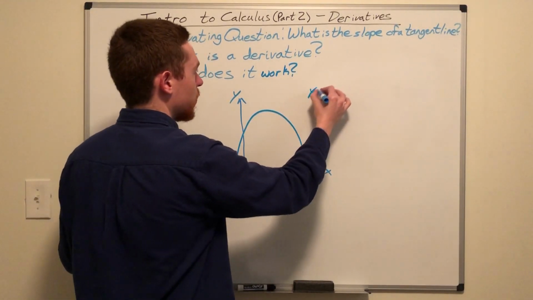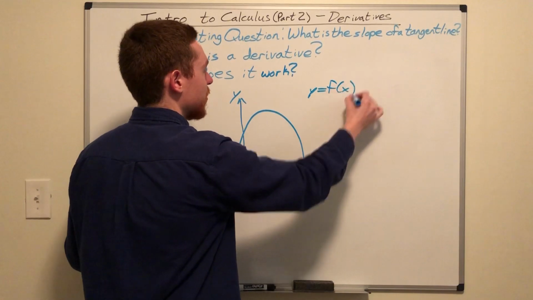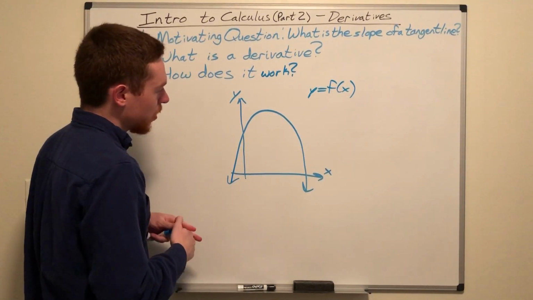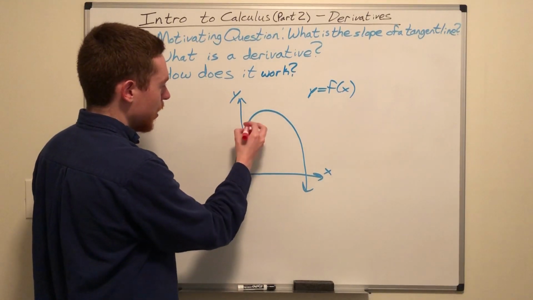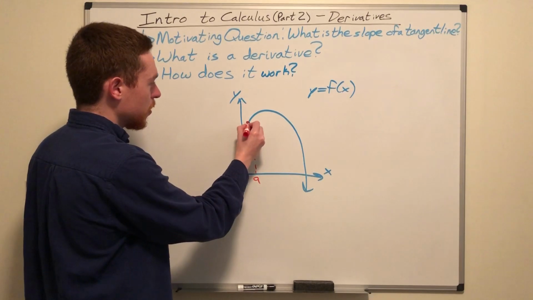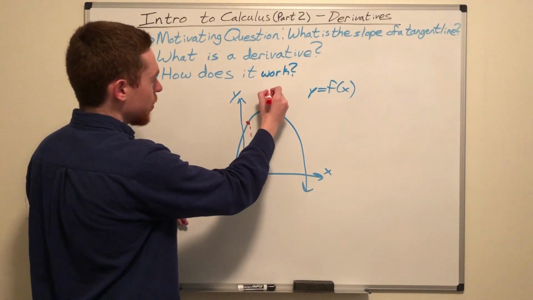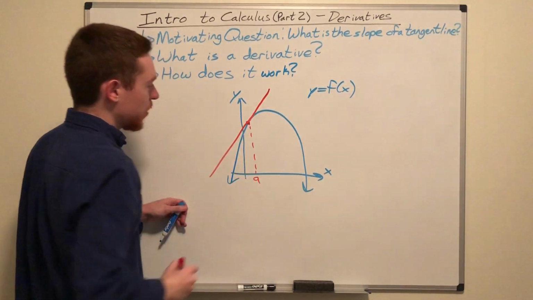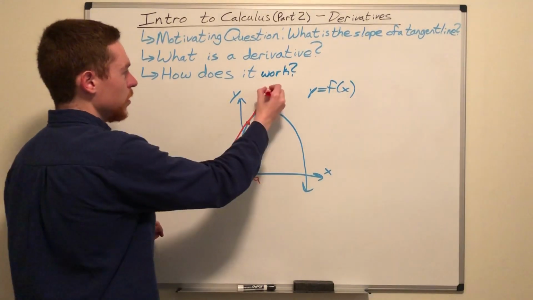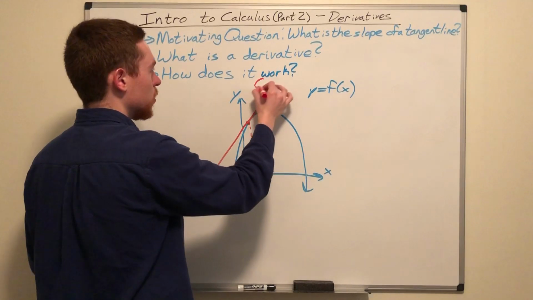We're looking at our function y equals f of x. And again, we're just going to pick our favorite number, and we're going to call that number a. So we have our favorite number a here, and we want to find the slope of that tangent line, where it just barely touches there. This is our goal.